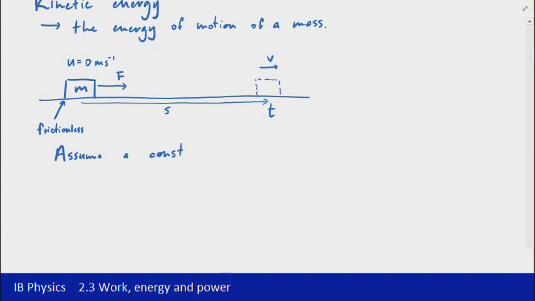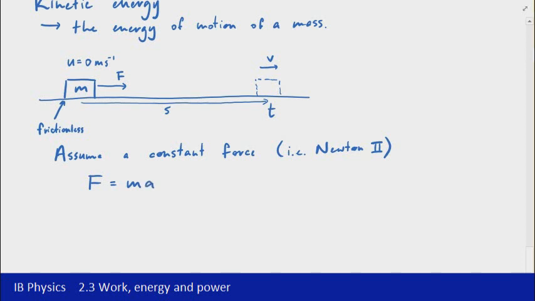and if we are assuming that the force is constant, that basically means that we've got an unbalanced force. So we're dealing with Newton's second law, and as we know, if an unbalanced force is applied to an object, the force is going to be equal to the mass of the object multiplied by the acceleration.